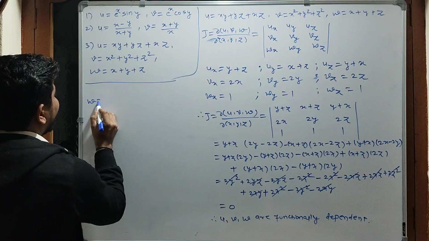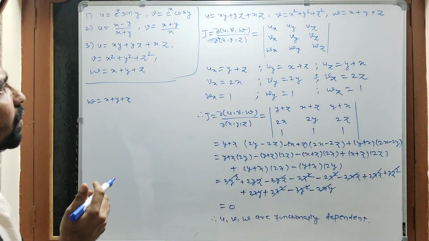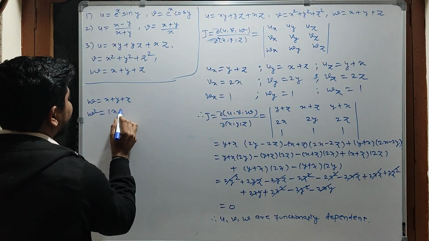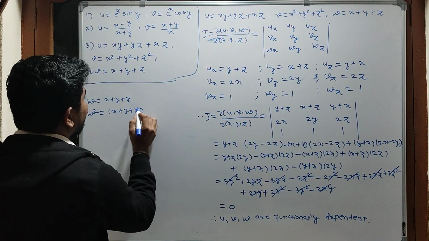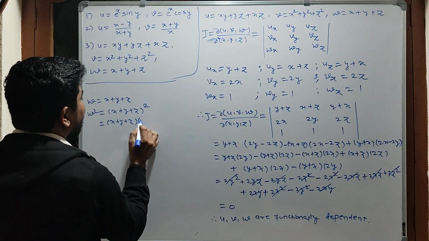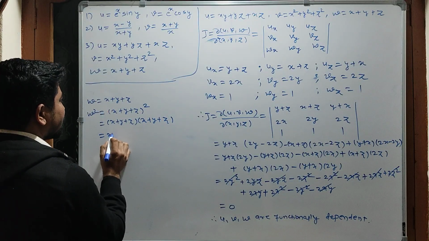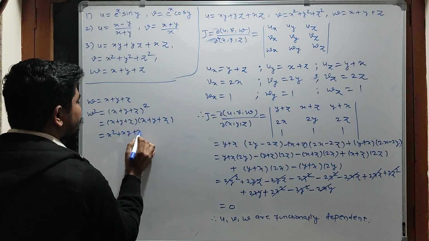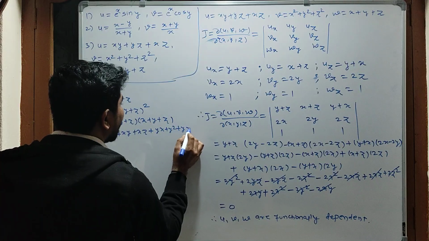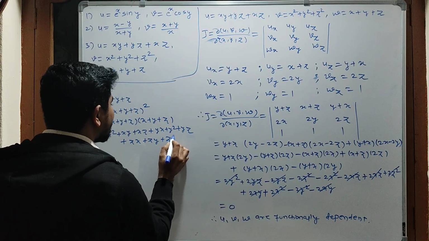Now w equal to x plus y plus z, this is given. Therefore w square equals x plus y plus z whole square, which is x plus y plus z into x plus y plus z, which is x square plus xy plus xz plus yx plus y square plus yz plus zx plus zy plus z square.